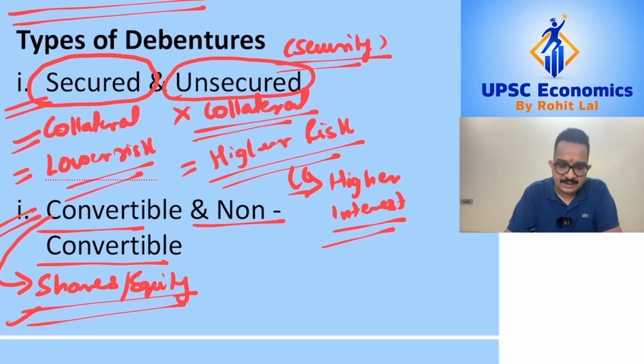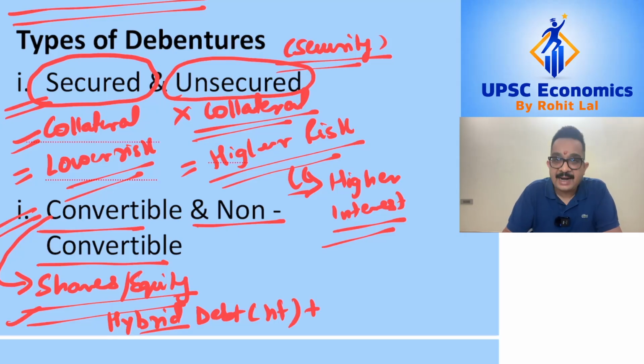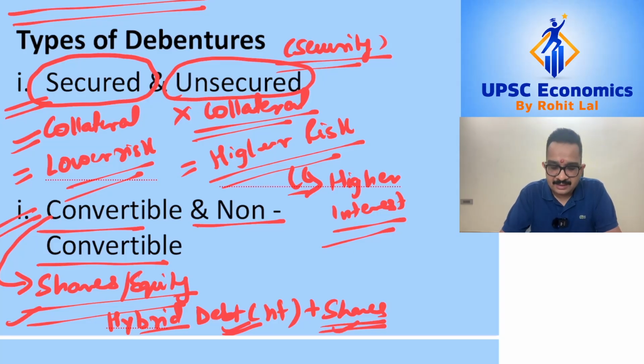So convertible debentures are in a way a hybrid type of instrument, because like debt instruments they provide interest payment on a regular basis, and on maturity they can be converted into equity or shares. Because they combine features of interest payment and ownership, they are considered hybrid instruments.